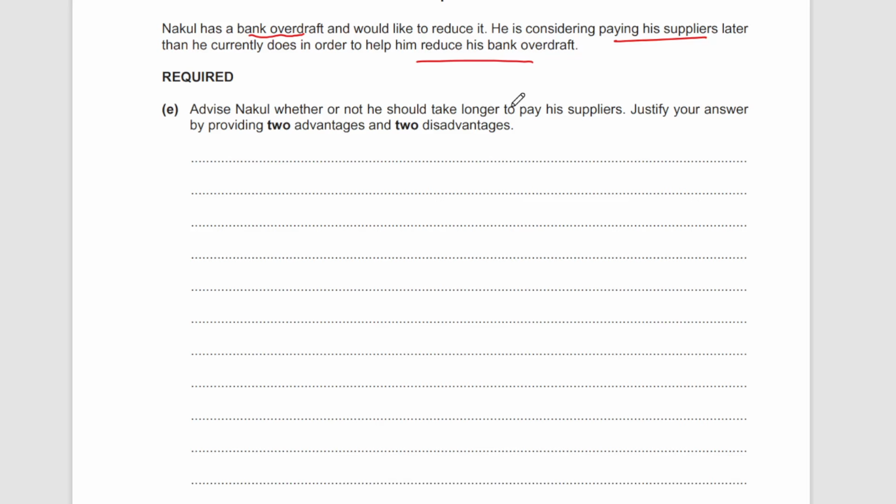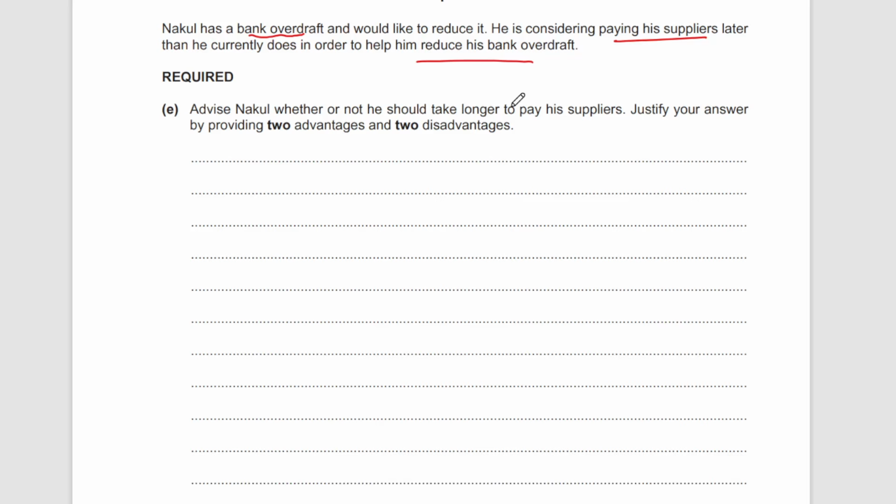What might be an advantage? Well, the advantage would be that he will get rid of the overdraft, right? He will pay the suppliers later, so he will have more cash available to pay for the bank overdraft. In this way, he will also avoid any interest because bank overdraft comes with heavy interest. He will avoid paying those heavy interest on bank overdraft.